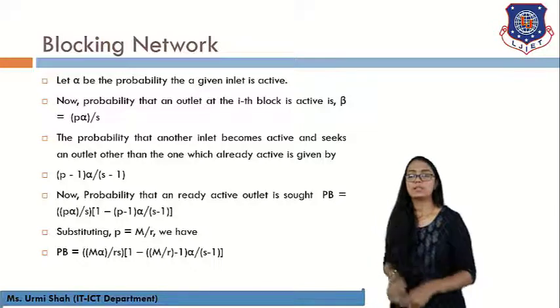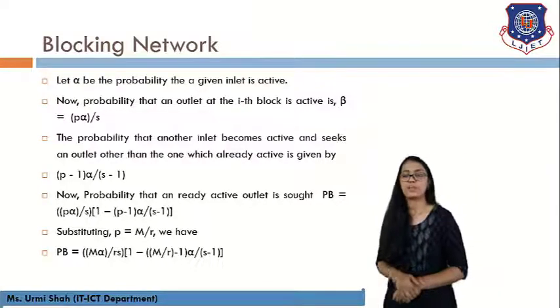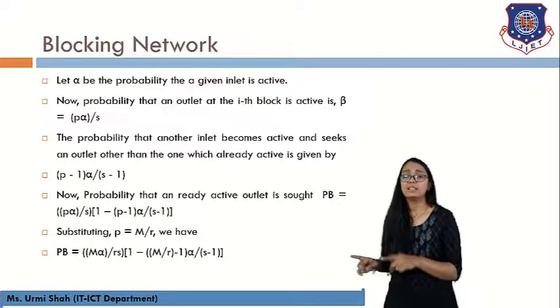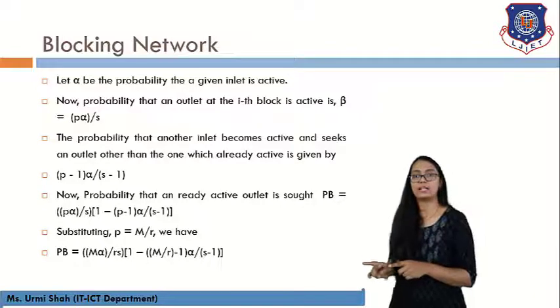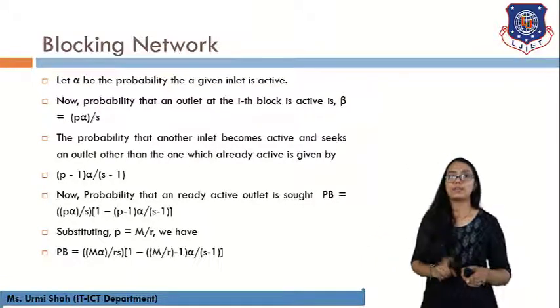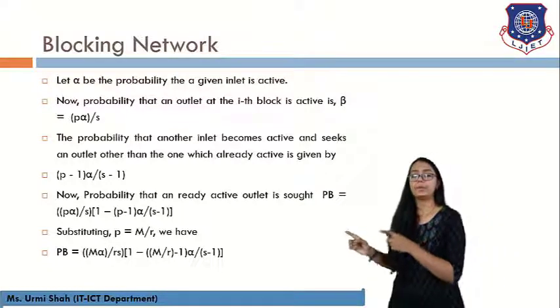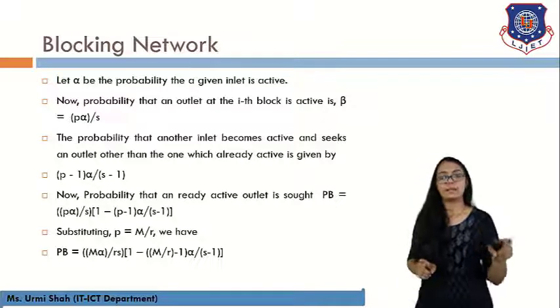Beta over here is equal to P multiplied by alpha divided by S. The probability that another inlet becomes active and seeks an outlet other than the one already sought is equal to (P minus 1) into alpha divided by (S minus 1).